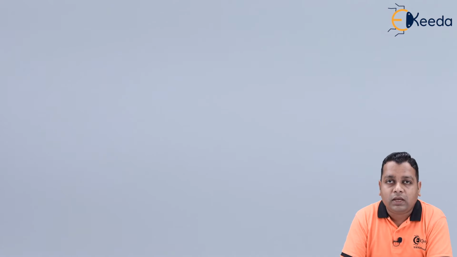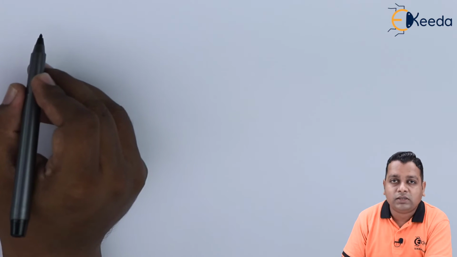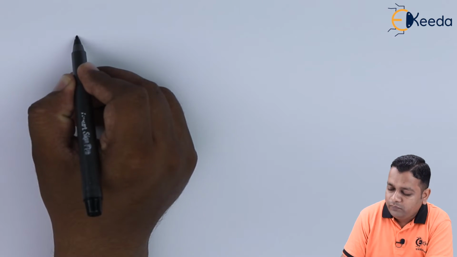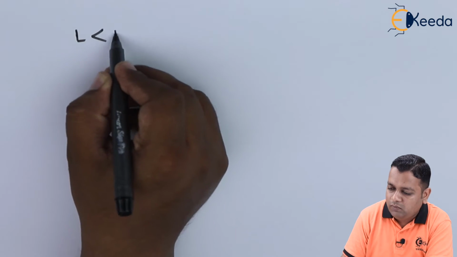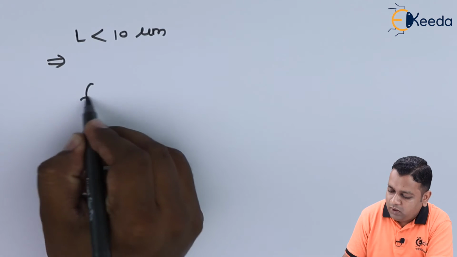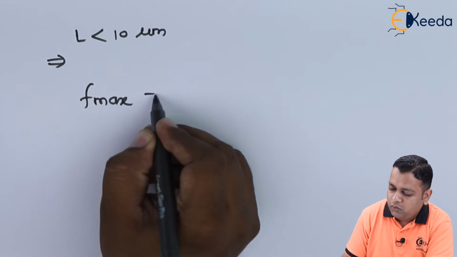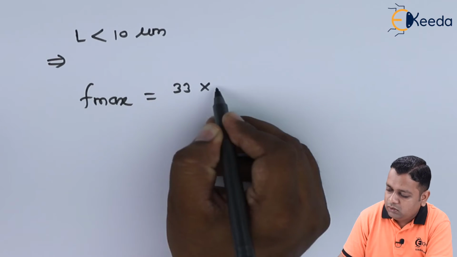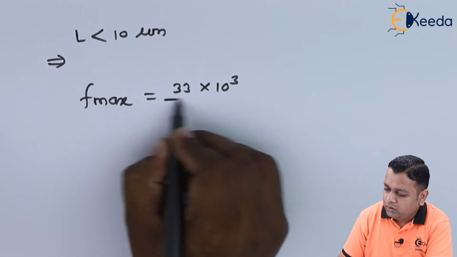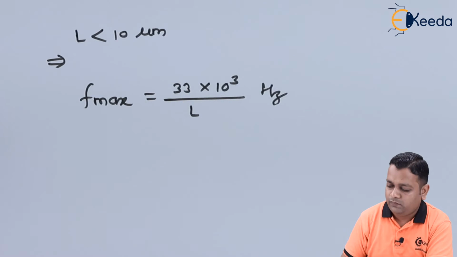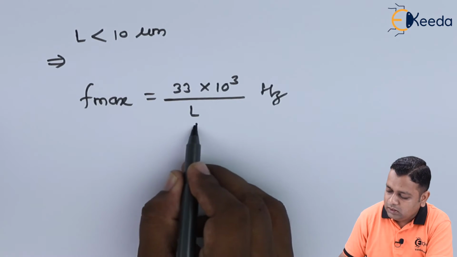When the gate length L of the gallium arsenide MESFET is less than 10 micrometers, the maximum oscillating frequency f_max is given as 33 into 10 raised to power 3 divided by L, in hertz, where L is the gate length.